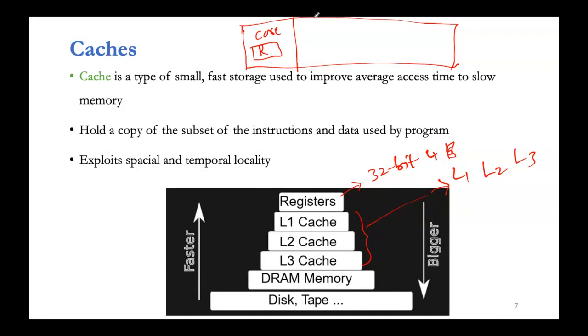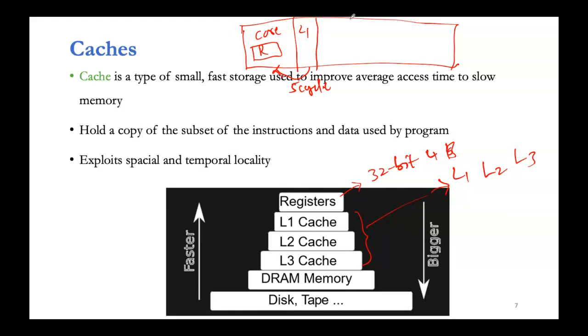If not, then there is another memory, a little bit bigger than the registers, which we call the L1 cache, which is closer to your core, or on the die of your core itself. That hardly takes 5 cycles to load the data.